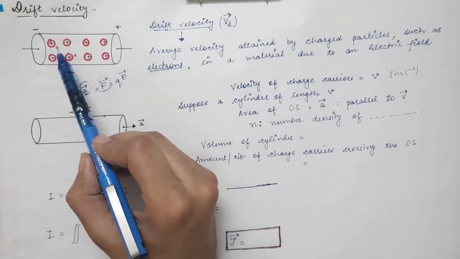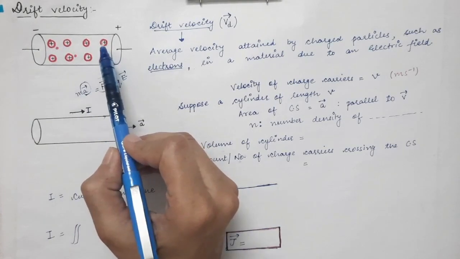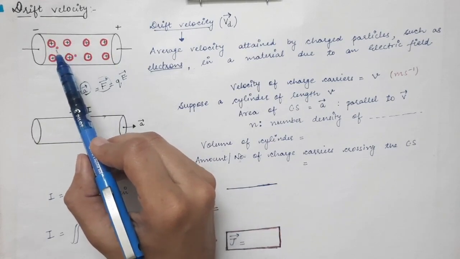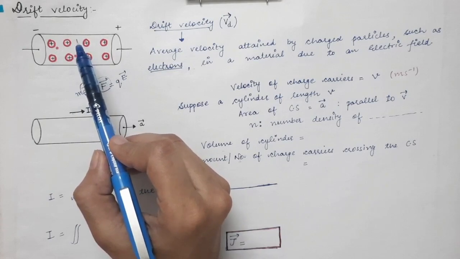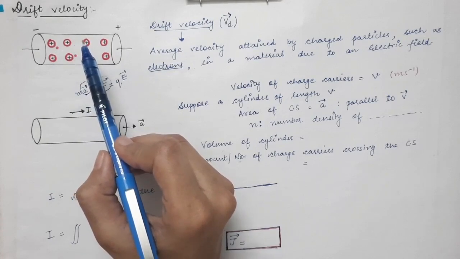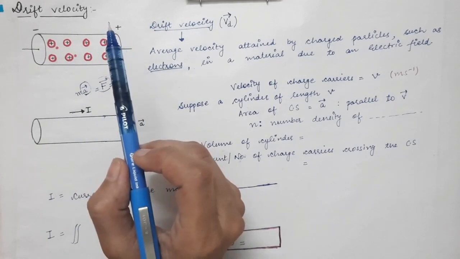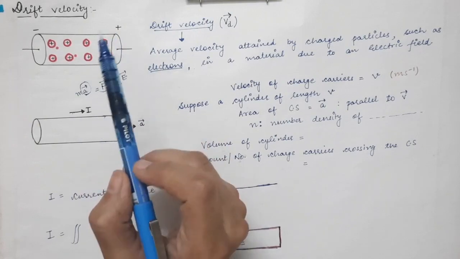Now if I take the case of electrons, I am not taking the case of positive ions, because these positive ions are comparatively heavy as compared to the electrons. They are very heavy and their movement is very little. That's almost negligible. The movement of the positive ions under the influence of the electric field is negligible. So we do not talk about positive ions in the case of conductors.